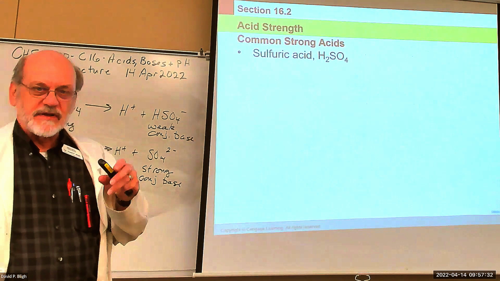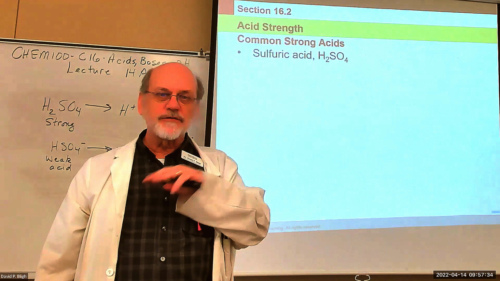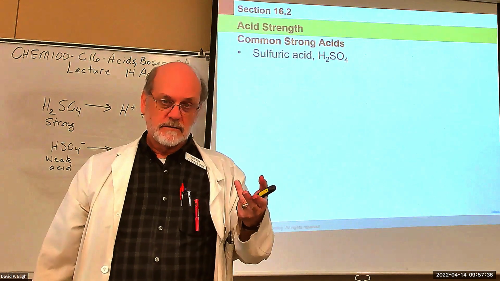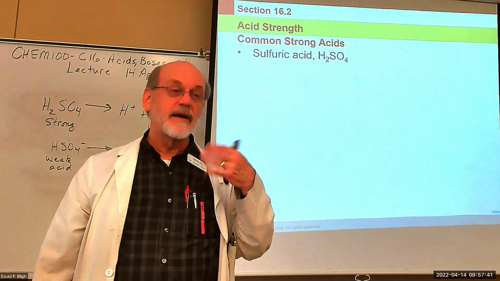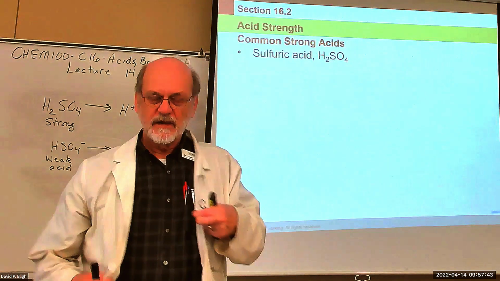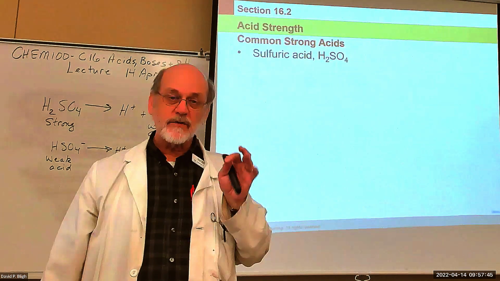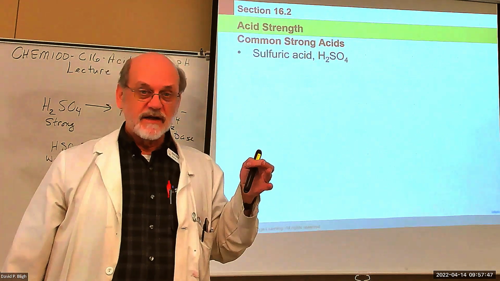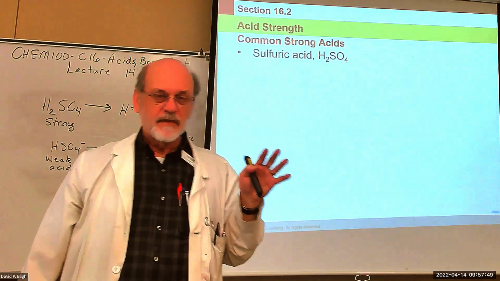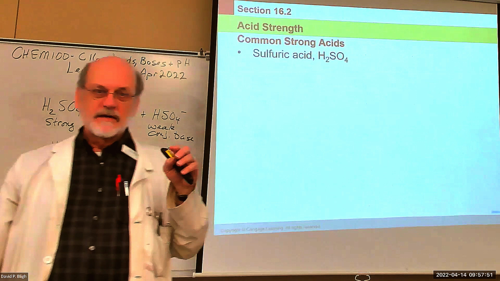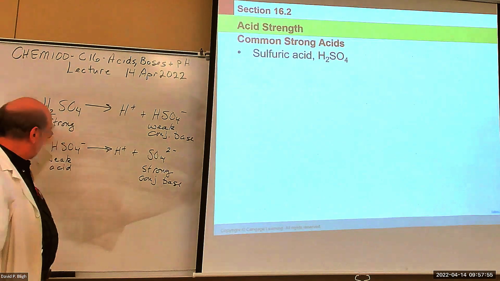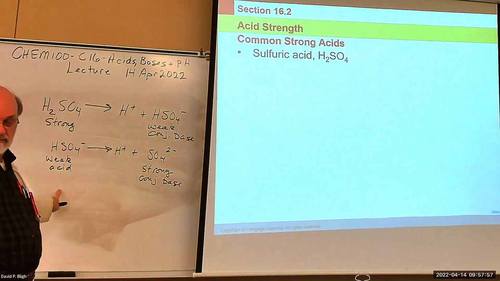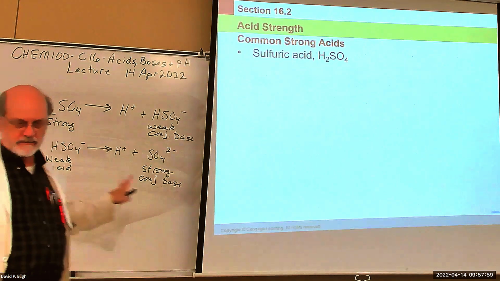That concept is universal for polyprotic acids. If you have two or more hydrogens that can be dissociated, that's their behavior. Now, the first one may not be strong. Right? The first one could also be weak, but this one will be weaker. Always.